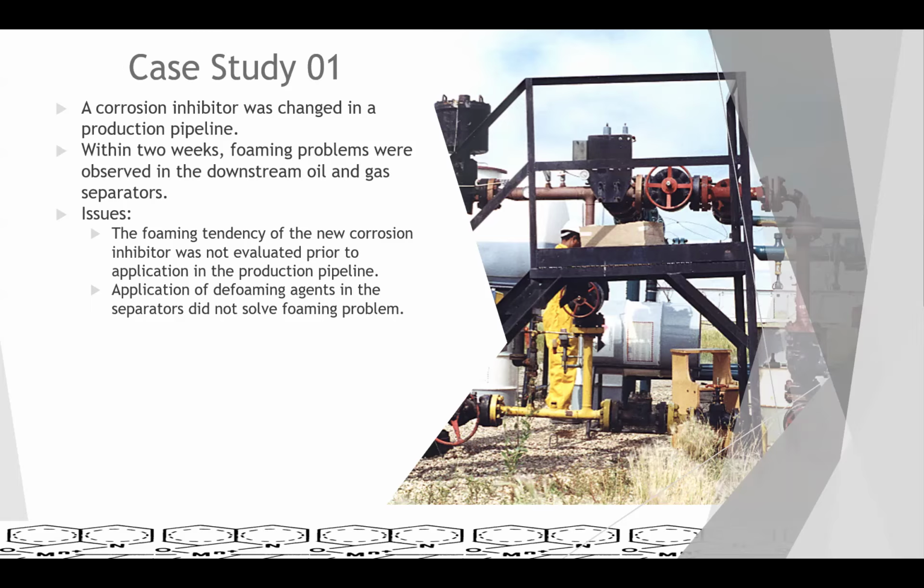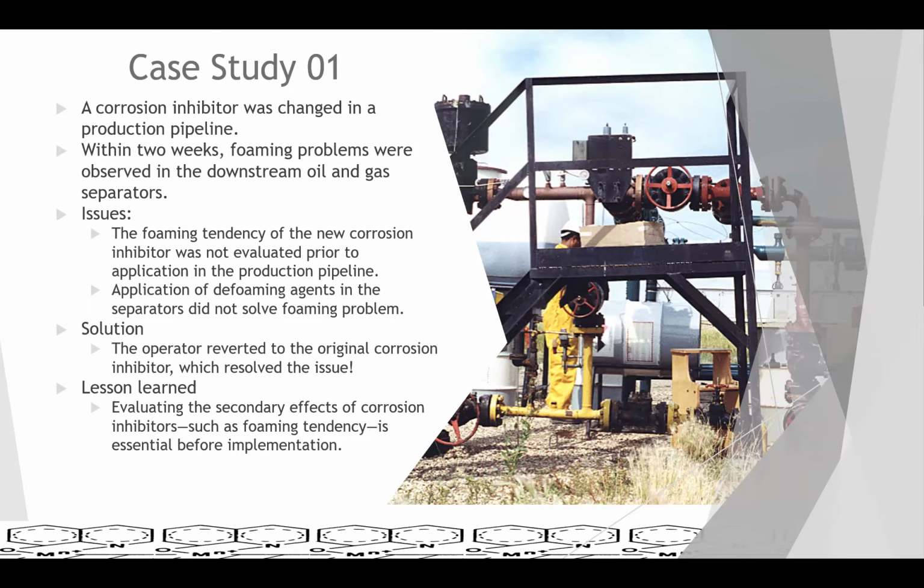When this issue started, the company, at least the oil and gas separation unit, tried to apply a defoaming agent to solve this issue, but that did not resolve the foaming problem. Ultimately, the operator was forced to revert back to the original corrosion inhibitor. Like magic, after two weeks, the problem resolved.